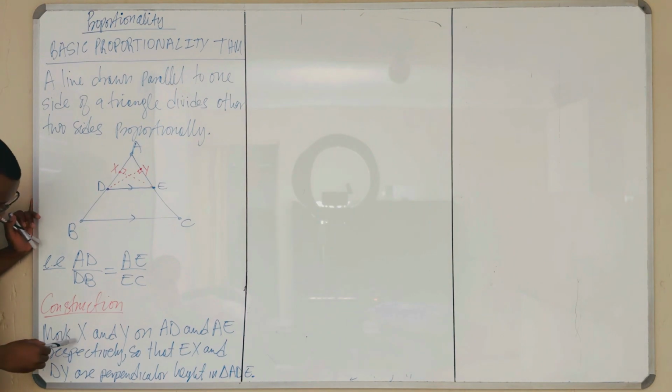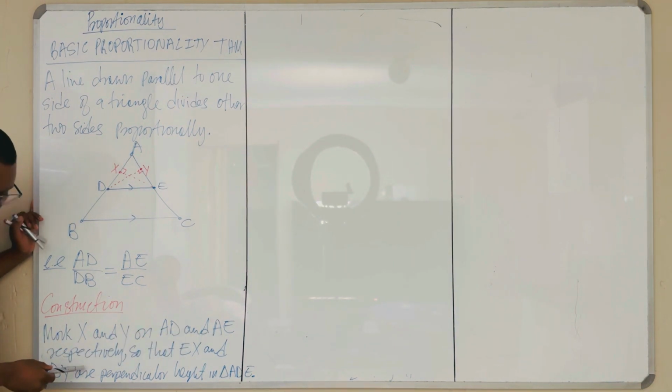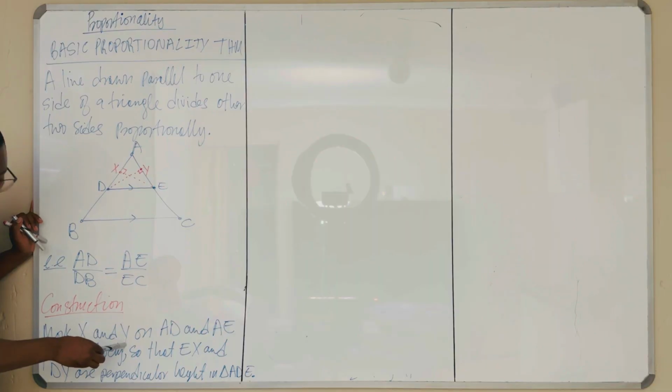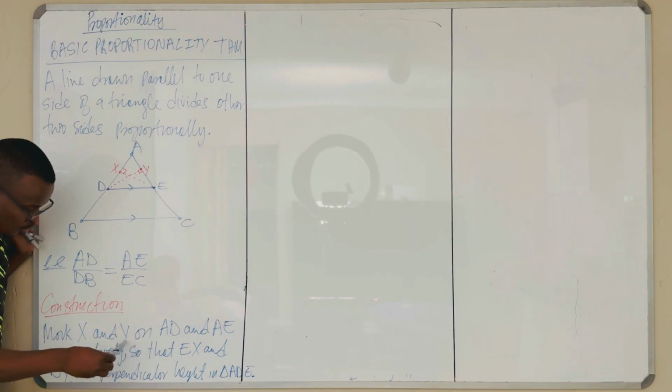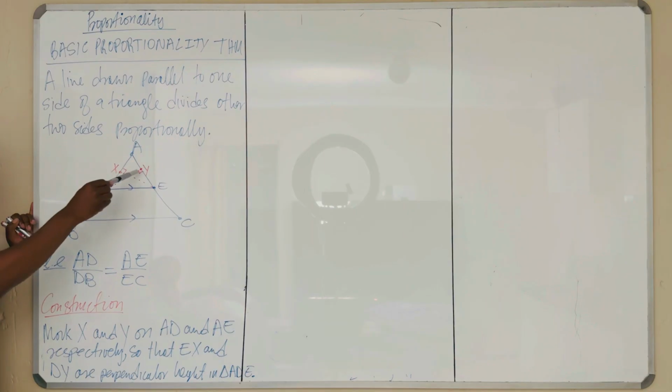What I did, I marked X and Y on AD and AE respectively. What does this mean? It means X is on AD, and Y is on AE. That's what respectively means.